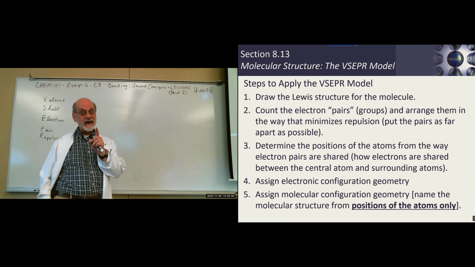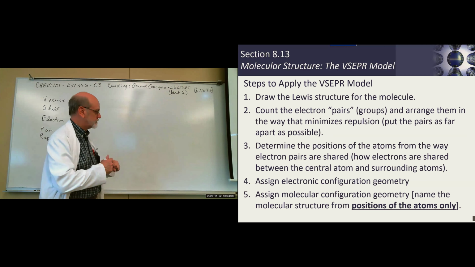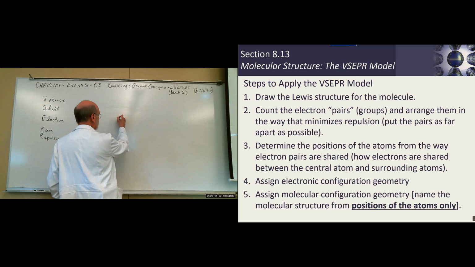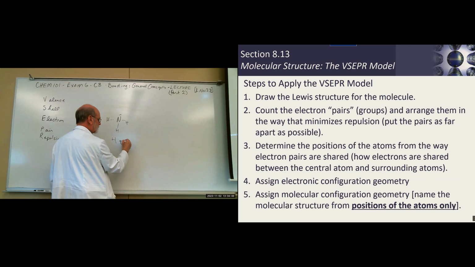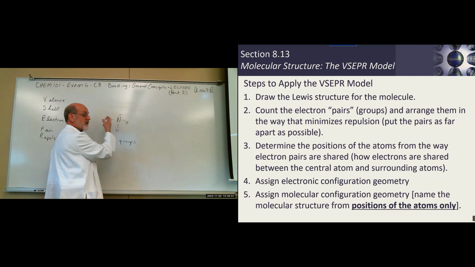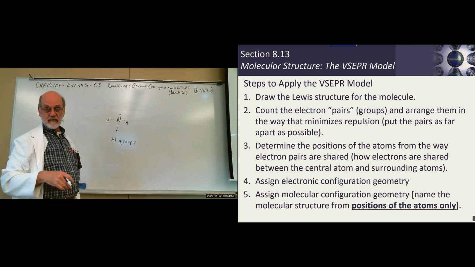That includes lone pairs. So, for example, if we had ammonia, and we drew it like this, like this, like this, like that, that would be 1, 2, 3, 4. You would have 4 groups. In this case, pairs, but not always. So 4 groups.